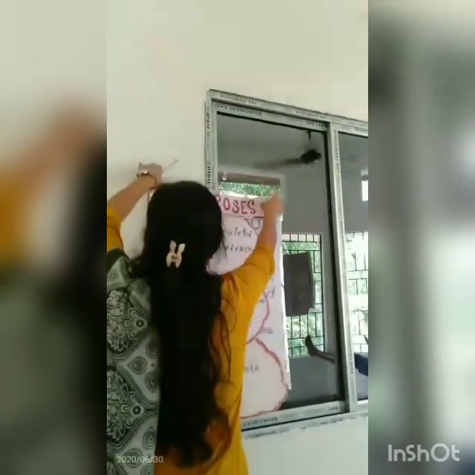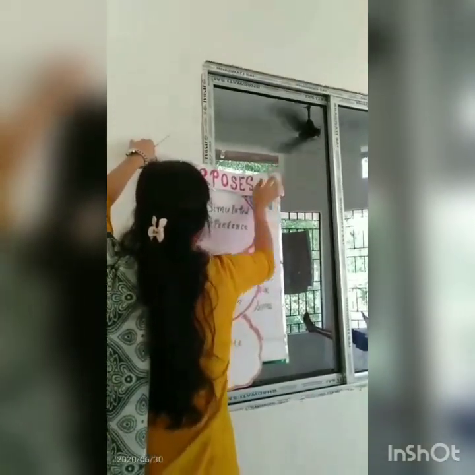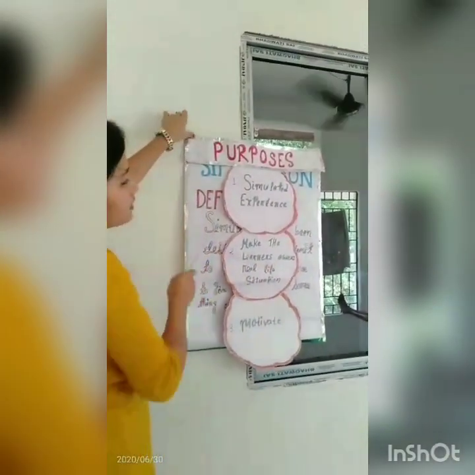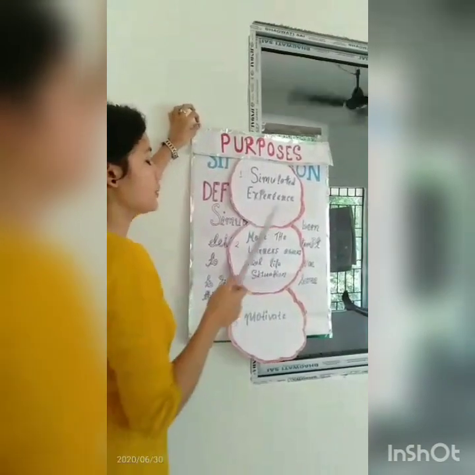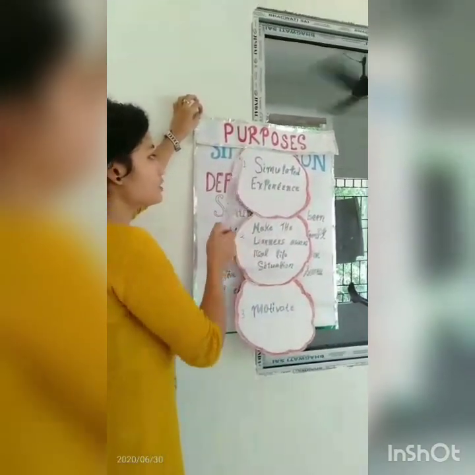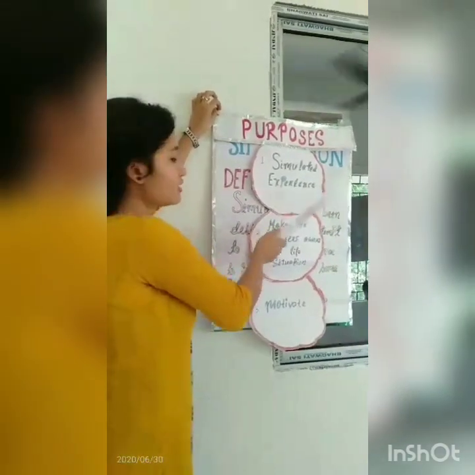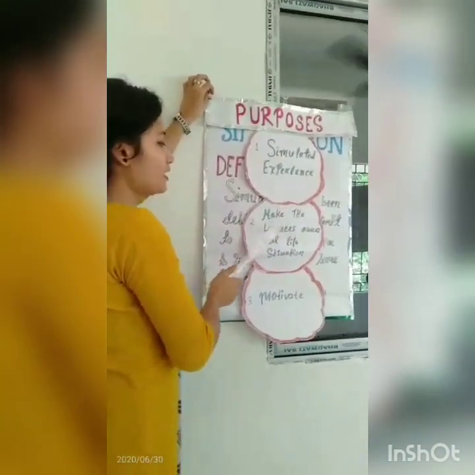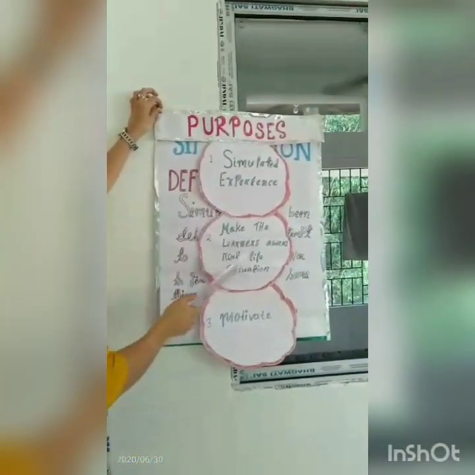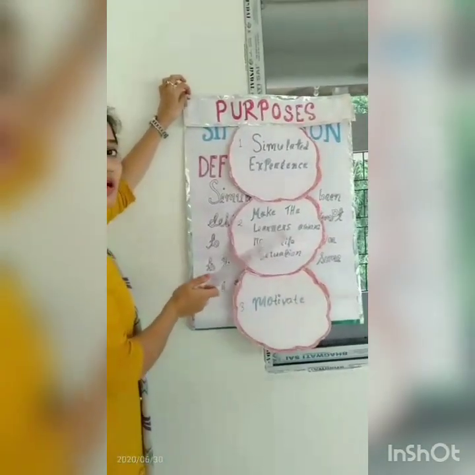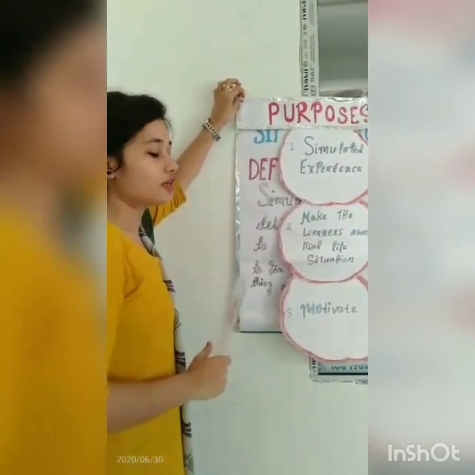Then coming to the purposes. The first is that simulation provides simulated experience to the learners. The second is to make the learners aware of real life situations by creating artificial settings very close to the real one.